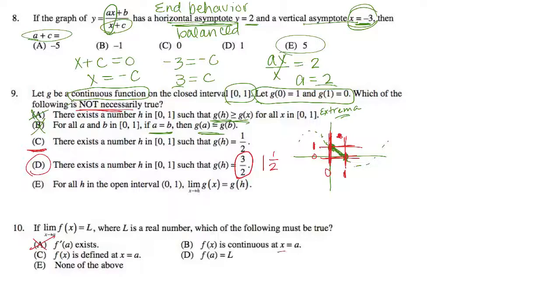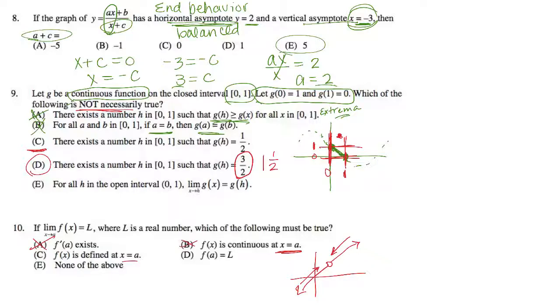We're tempted to say this one, but if we keep in mind, a limit can exist at a point of discontinuity. If you have a removable discontinuity, that limit's still going to exist. So that's not going to be true.